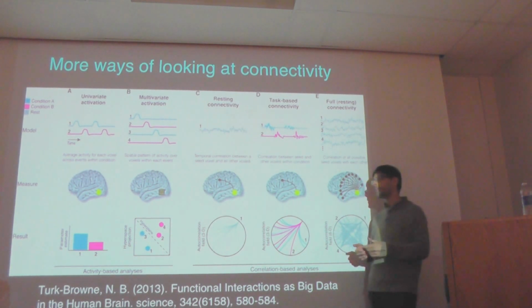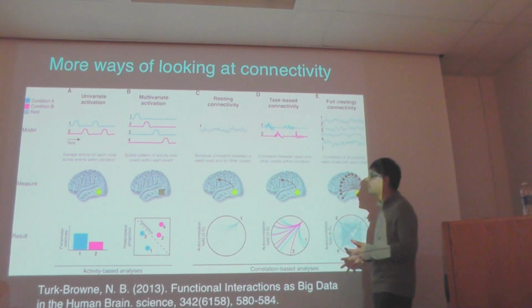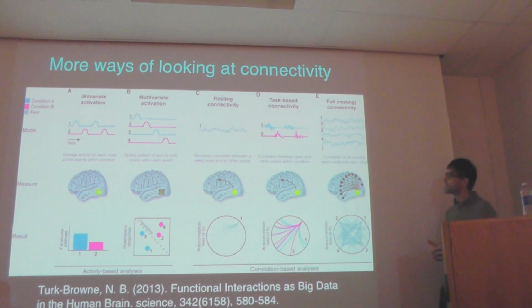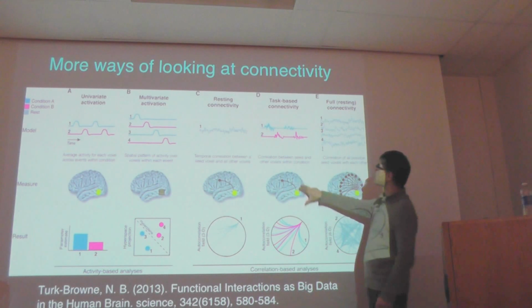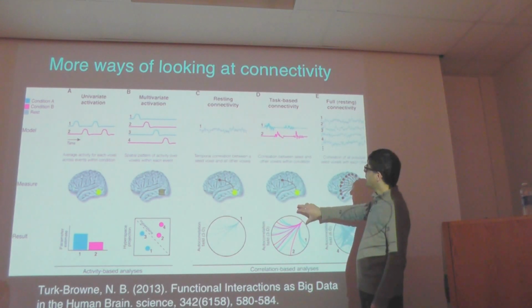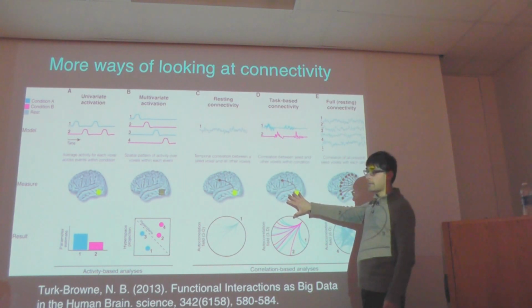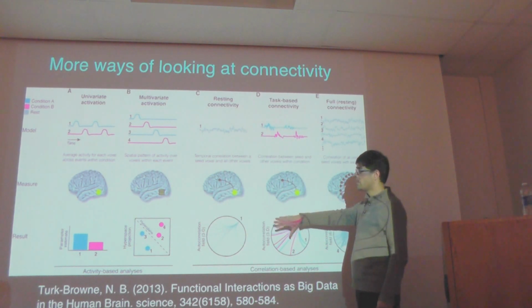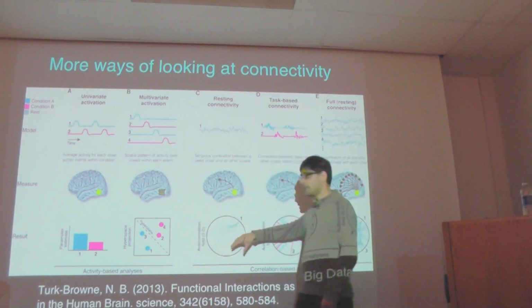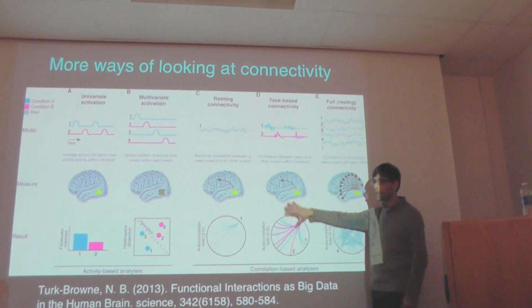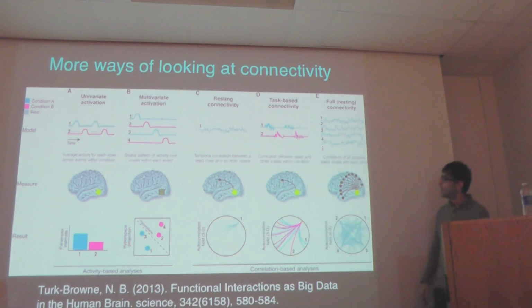I don't even know if it has an official name; people might call it residual connectivity. In this paper, Brown talks about doing it, and I know John Dylan Haynes has done this in the past. Now he's more known for his multivariate stuff, but he did that, and I think other people have done it too.